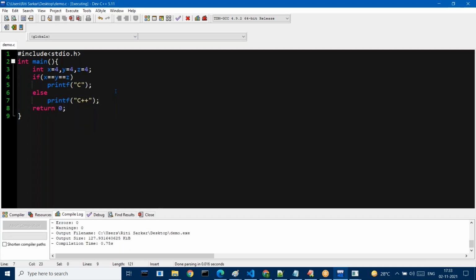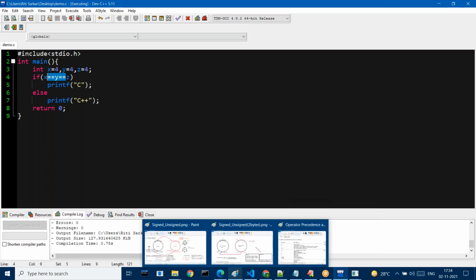Tell me, what is the answer? Observe. What is this operator? Relational operator, equal to.